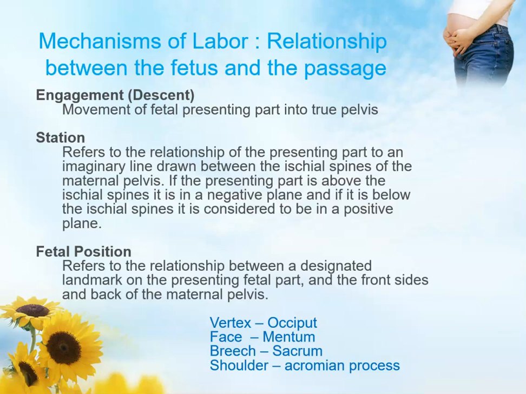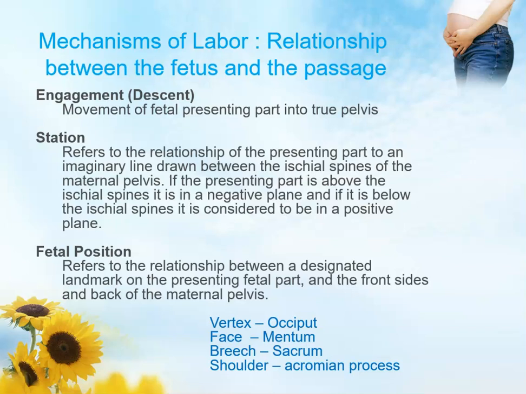When we talk about, again, that passenger going down, the relationship with the fetus and the passage, we talk about engagement or descent as the baby descends down, movement of the fetal presenting part into the true pelvis. That's where we're getting ready to deliver.